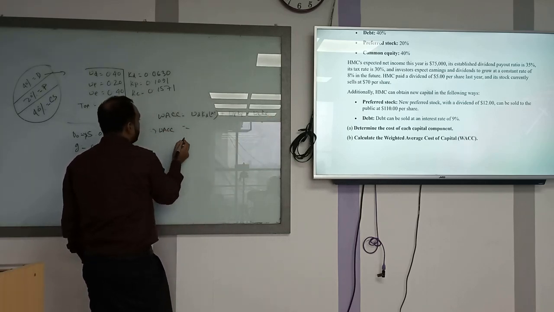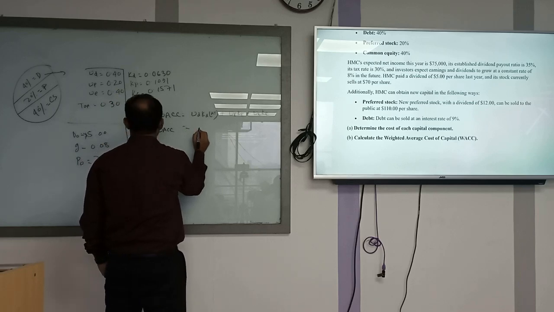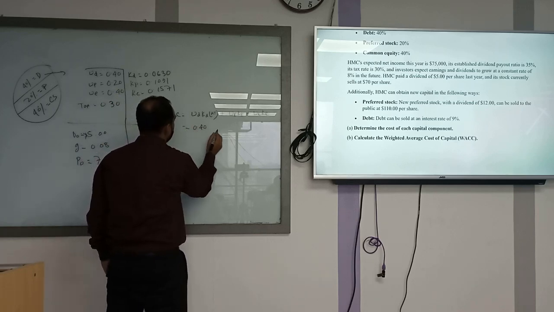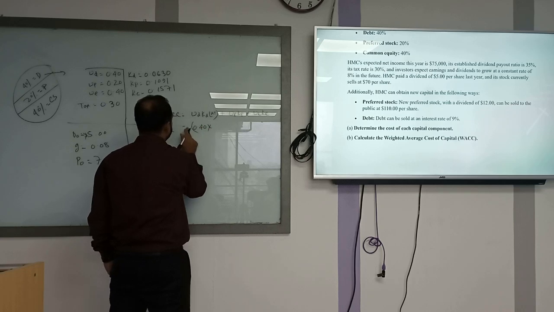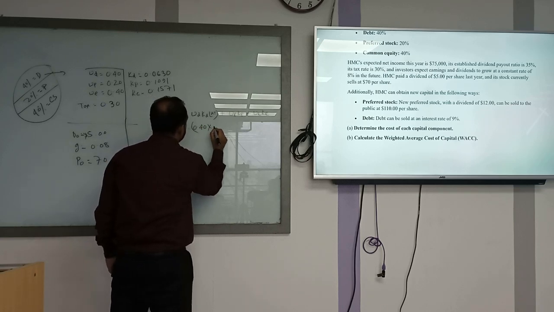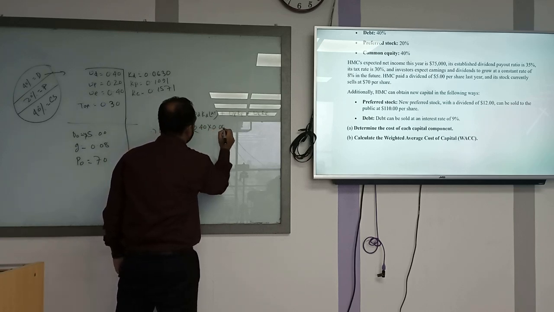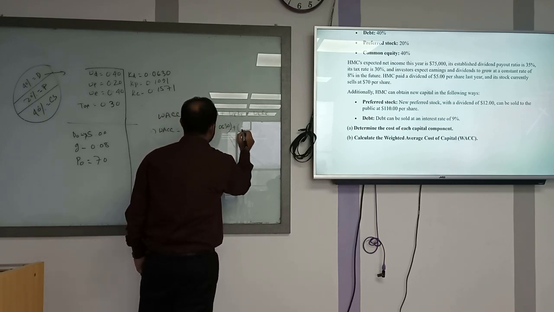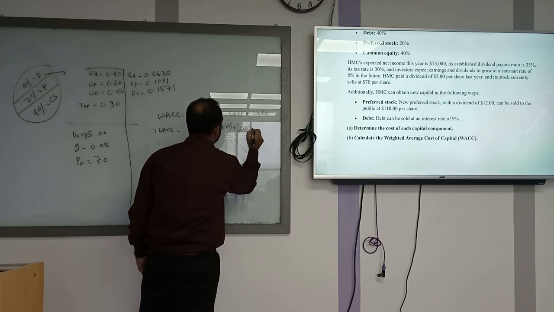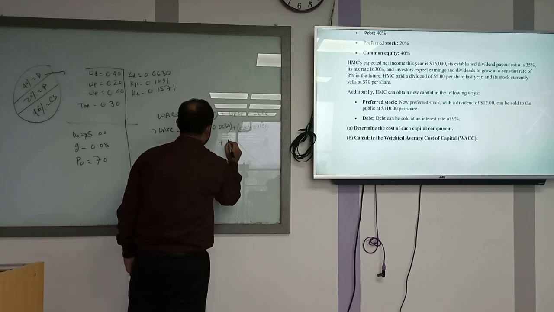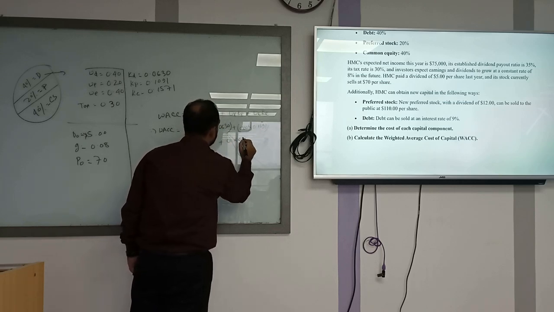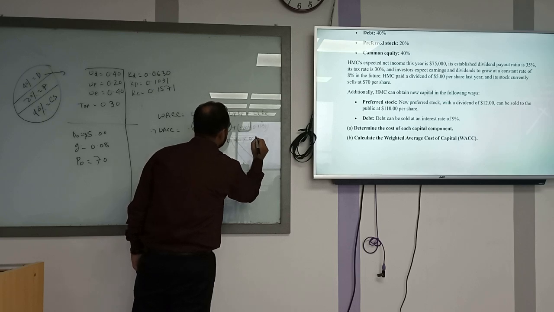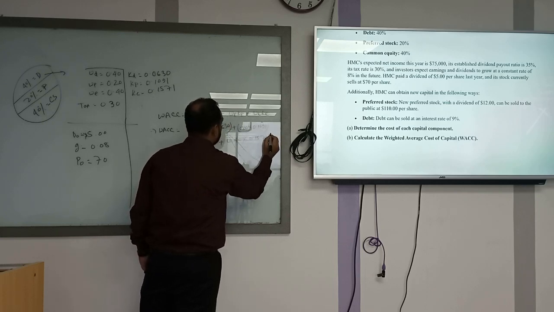So WACC is equal to, what is your weight of debt? 0.40 multiplied by 0.0630 plus WP কত হচ্ছে? 0.20 multiplied by 0.1091 plus 0.40 multiplied by 0.1571.